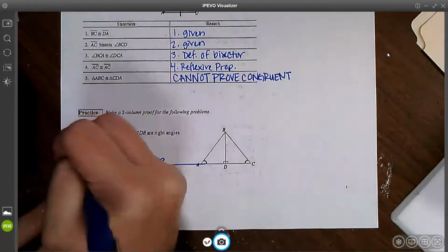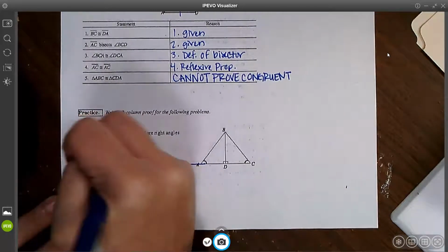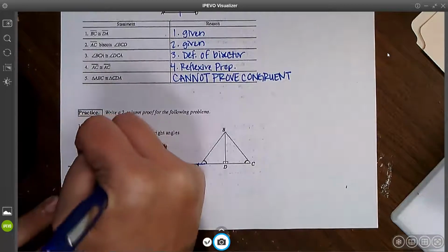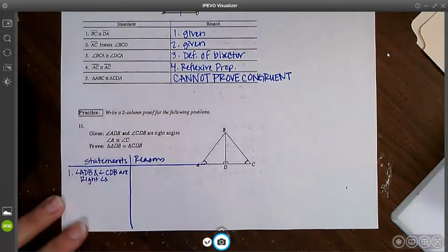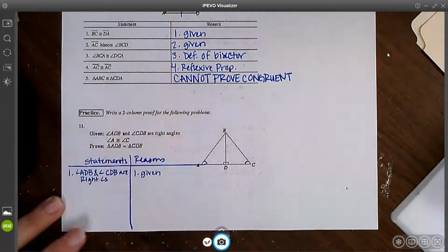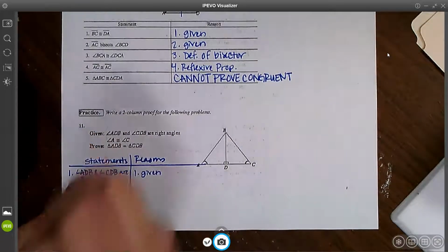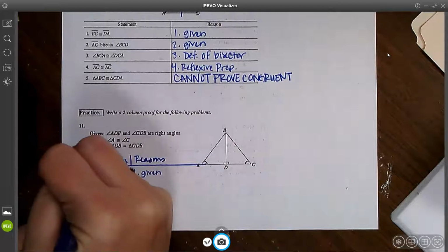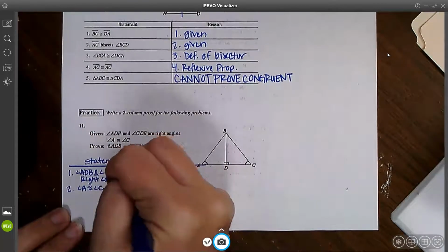So it says that angle ADB and angle CDB are right angles, and we know that because it is given to us. And then number 2, angle A is congruent to angle C. Again, that is given to us.